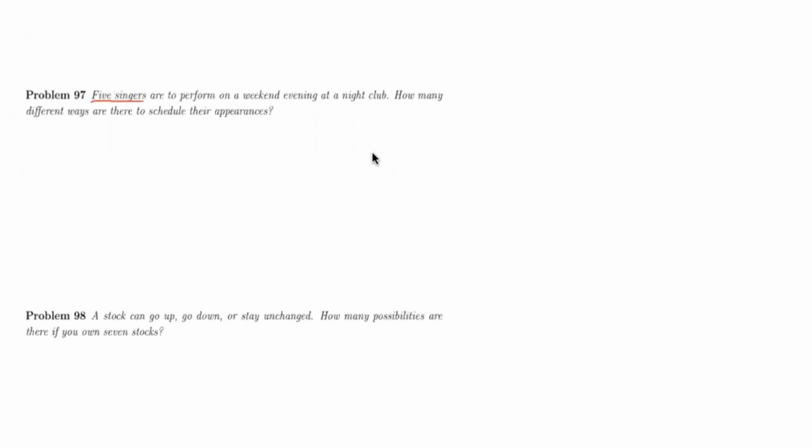5 singers, 5 singers on a weekend evening. I don't care if it's a Saturday or Sunday, it's a weekend. So as Tyler said, we have no repetition. Order matters. A concert, all those programming orders matter. So permutation, MPR.